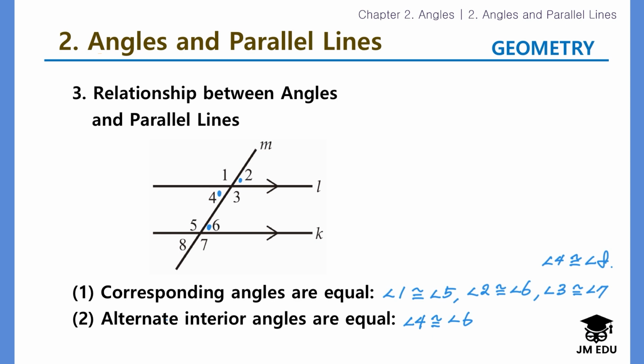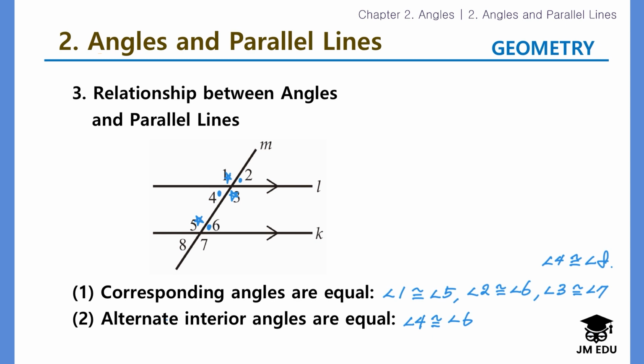And also, let's look at angle number 1 and 5. They are congruent, right? They're corresponding angles. So let me write the star here. Angle number 1, angle number 5, they are congruent. And angle number 1 and angle number 3, they are also congruent, right?